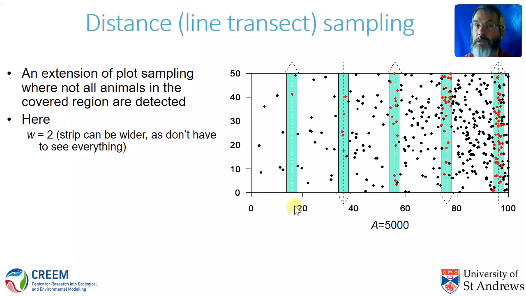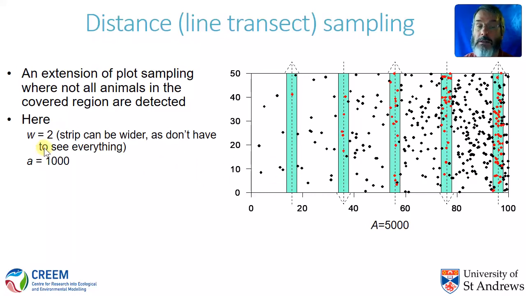So we now change the geometry of our samplers a little bit. We now make that truncation distance, W, wider, so that the strips themselves will be wider.